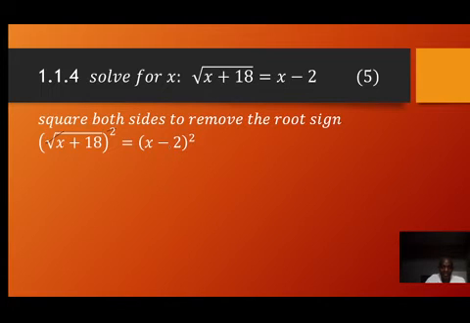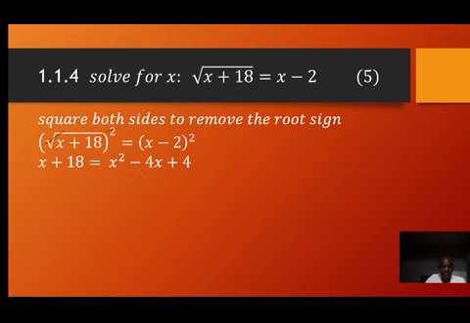Now there is a shortcut here. To expand this, I simply square the x, so x squared, then I multiply 2 times x times -2, which gives me -4x, and then +2 squared, which gives me +4. In other words, I get x plus 18 equals x squared minus 4x plus 4, and then I collect like terms.